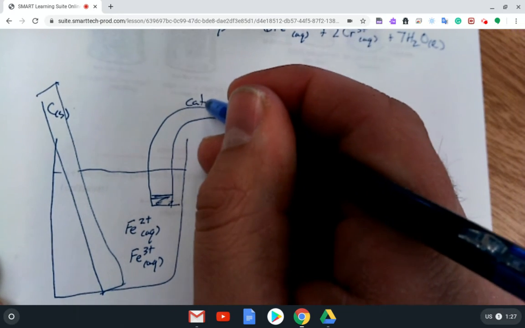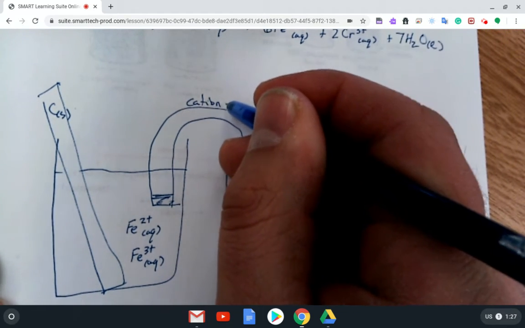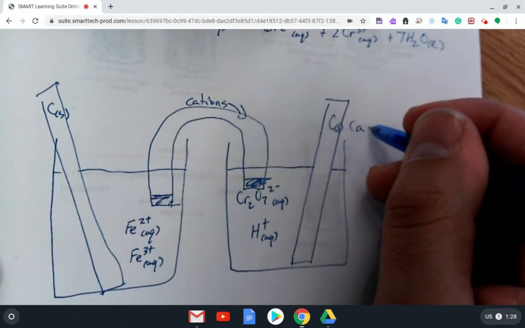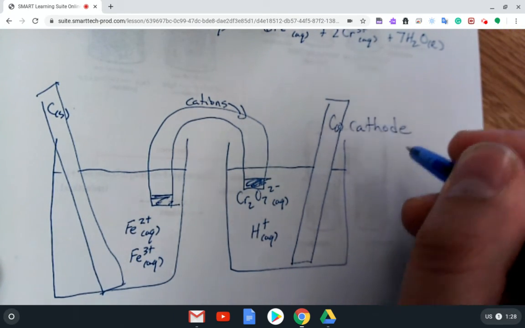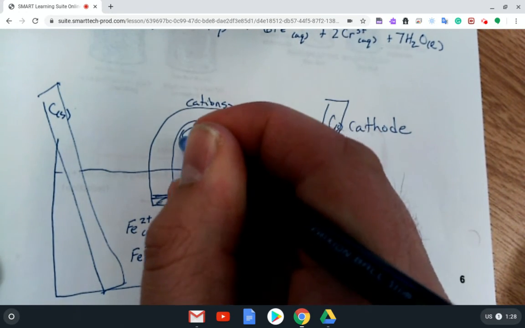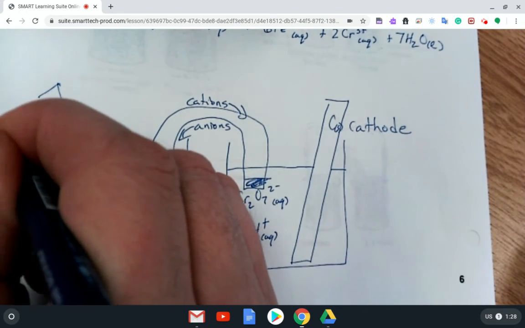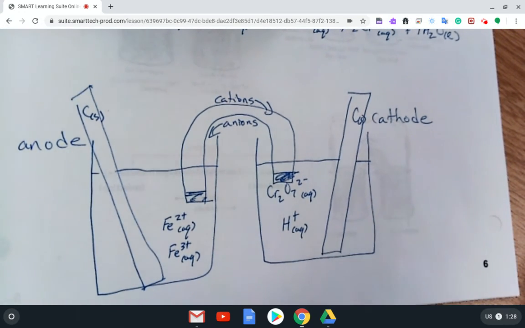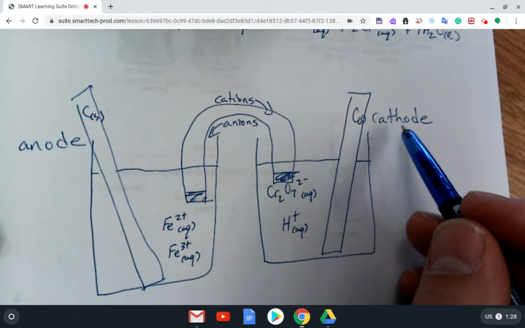The cations in the salt bridge are going to go towards the cathode, and the anions will go towards the anode. We wanted to label the diagram of the cell. The carbon here is our cathode.